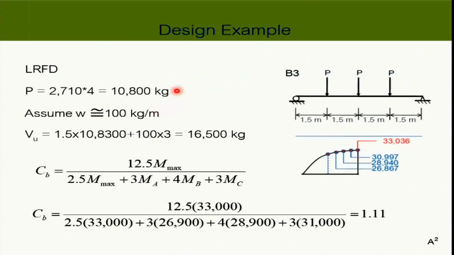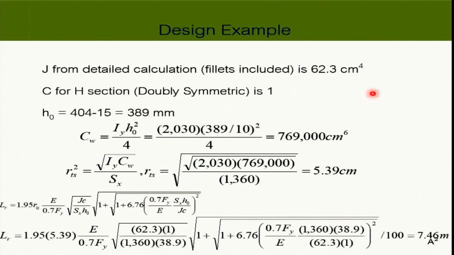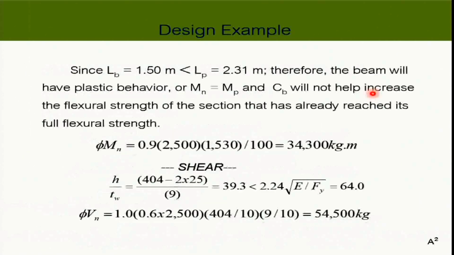I only need Cb if I don't consider that B2 is bracing this. But I don't think so, because let's skip to this. See? Lb is 1.5 meters, which is less than Lp of the beam. So I actually don't need to calculate Cb if I check this first.